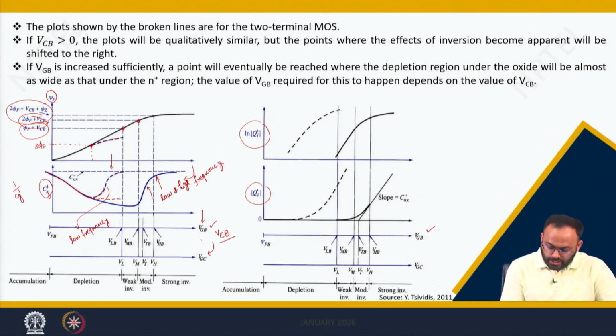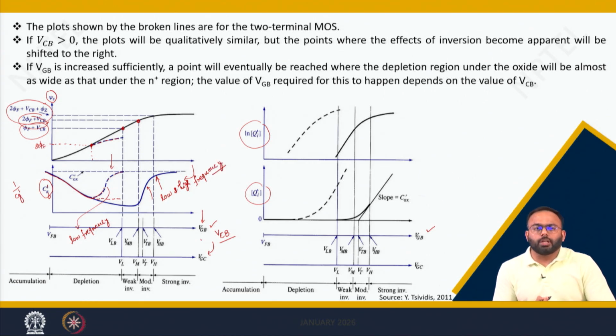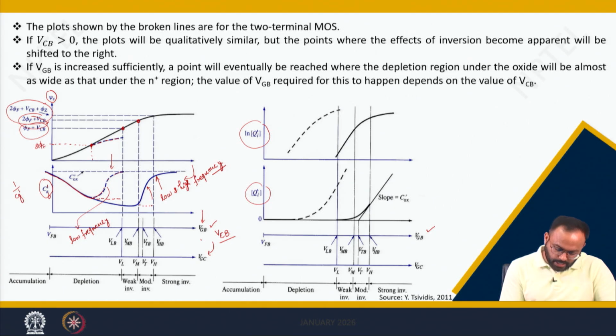That is a significant change between the 2-terminal and 3-terminal structures, because now the inversion charge is not only coming from the body; majorly it is supplied by the other terminal, which is called C in this case. But yes, if the frequency of the signal is very, very high, it might stay at the lower value.